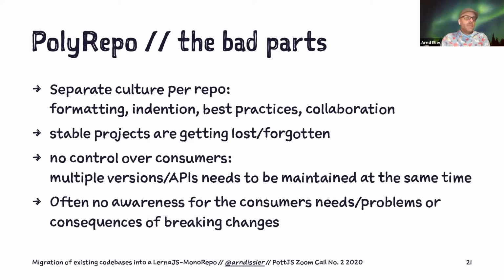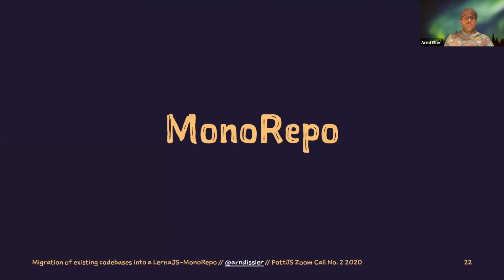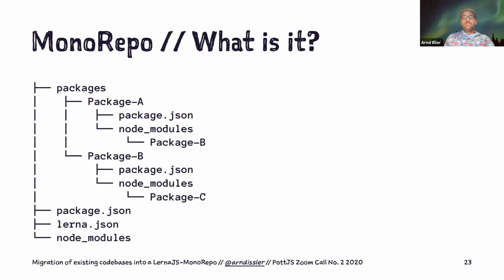So often it comes to a MonoRepo, which hopefully solves all the problems. So what is it? Everything is in a single Git repository, and all the maintaining scripts and files are at root level. Can you see my mouse? This is here.